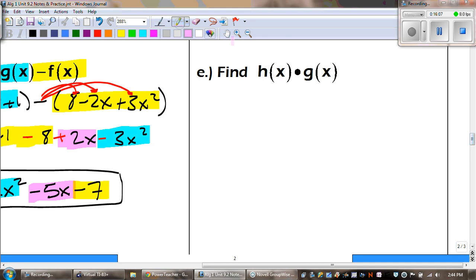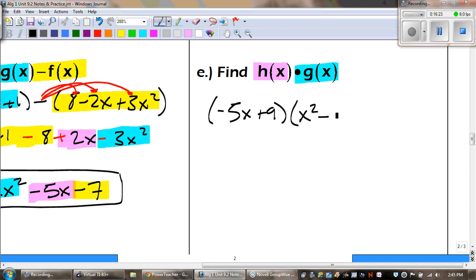h of x. So we have h of x times g of x. So our h of x was the -5x plus 9. And we're going to times that by x squared minus 7x plus 1.